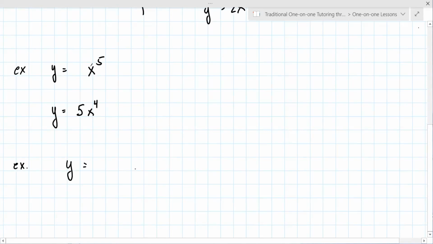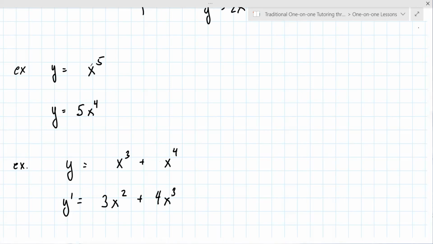Let's say y equals x to the 3rd plus x to the 4th. You do the same thing you did in the previous problem. You bring this down, this is 3x squared, plus, bring the 4 down, 4x cubed, or 4x to the power of 3. Do you follow that?